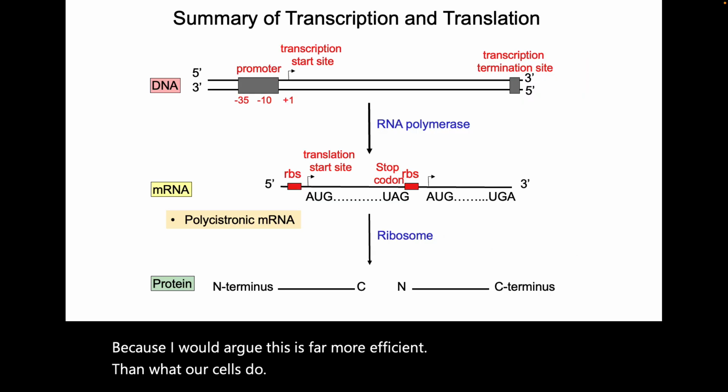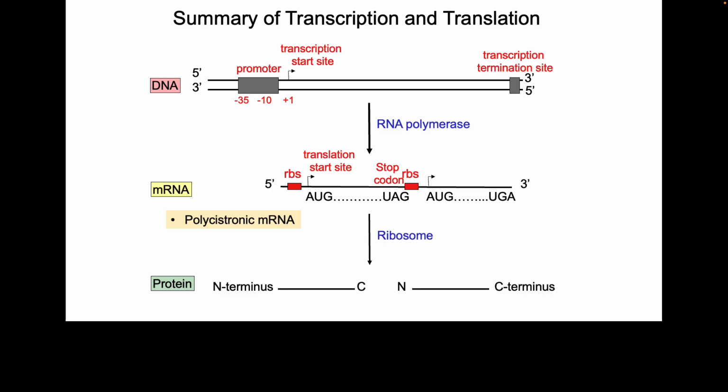Okay, so in summary, you'll have a promoter, which is the region of DNA that is recognized by the RNA polymerase to allow transcription to occur. RNA polymerase is the enzyme that makes the mRNA. Within the mRNA, in the 5' untranslated region, this 5' UTR, you will have a ribosome binding site.